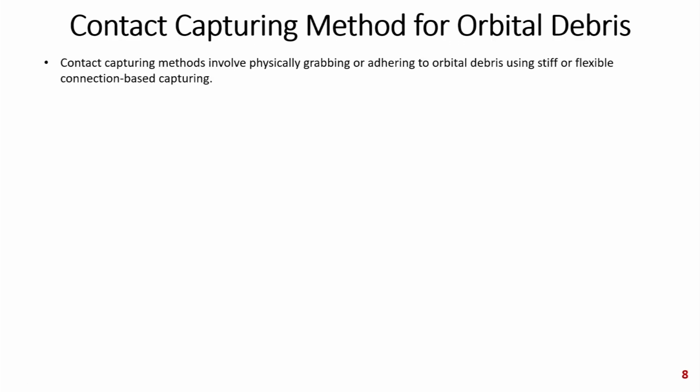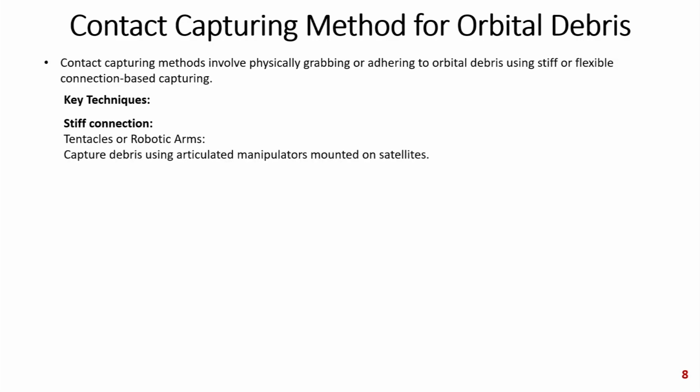Now, the contact capturing method. The contact capturing methods involve physically grabbing or adhering to the orbital debris using stiff or flexible connection based capturing, that you have already seen in the block diagram. What are the key techniques for the stiff connection? It can be tentacles or robotic arms.